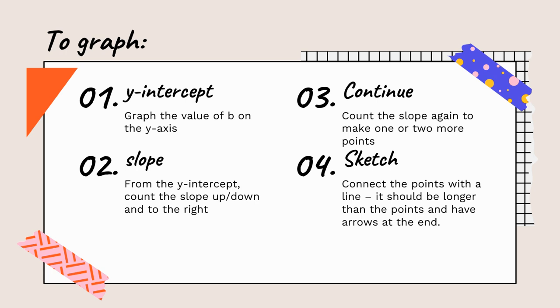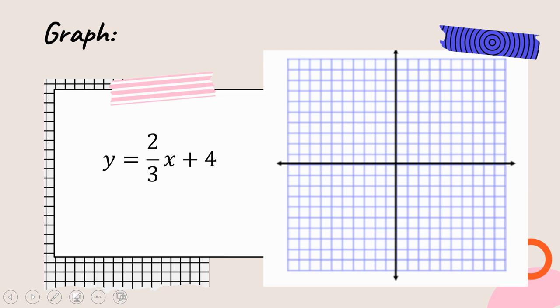Then third, we're going to continue. So it's nice to make a couple more points by continuing to follow that slope so that you can get a nice couple of points to graph your line through. And then last thing to do is to sketch your line. You connect the points. And the line should always be longer than the points, and it should have arrows at the end. Remember that lines are infinite, and so we want to show that, okay?